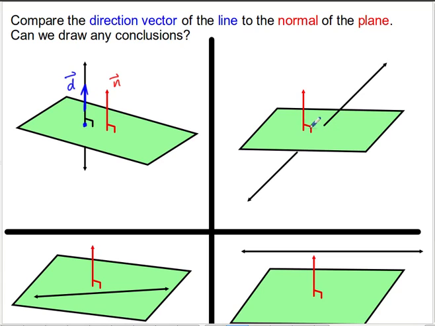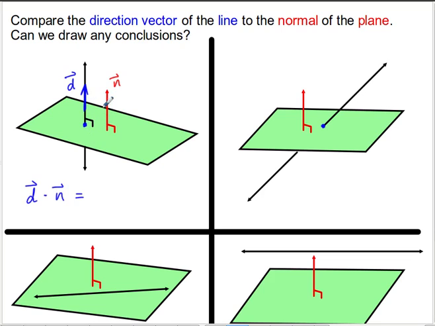We've got a line, again, piercing the plane, which means there's going to be a point of intersection. And then we've got a normal vector. Now in this case, one thing that it might occur to us to do is to take the dot product. And in this case, when I have two vectors that are lying in the same direction, what can you tell me about the dot product?